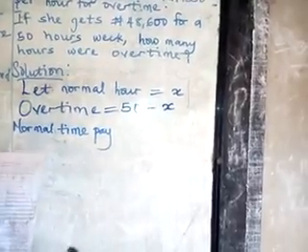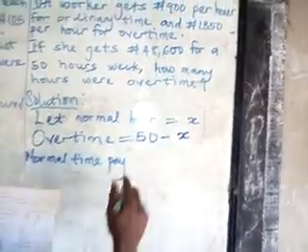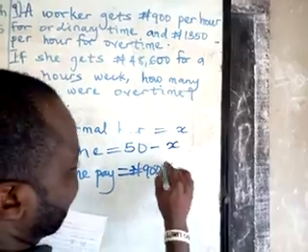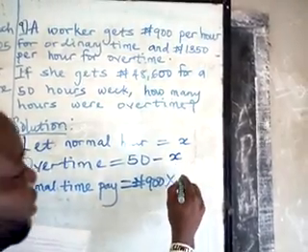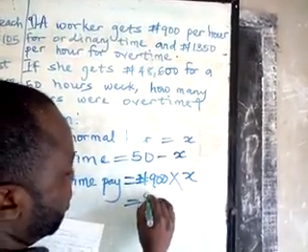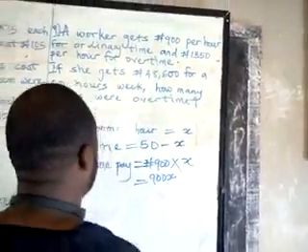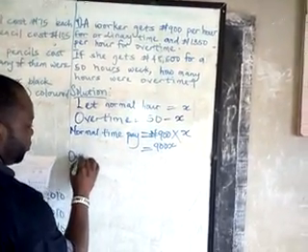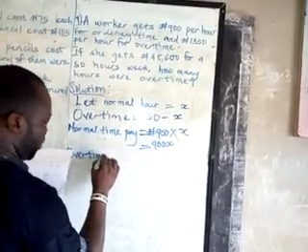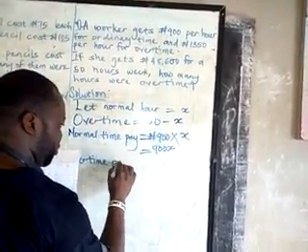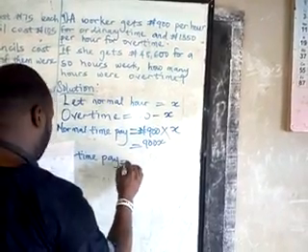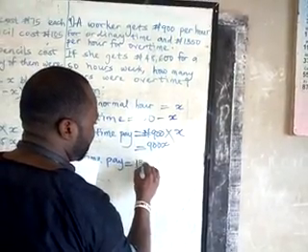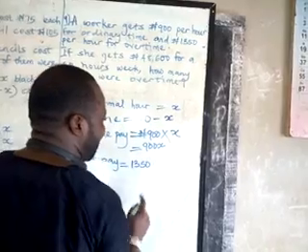Then normal time pay. Normal time pay is what? 900 times the hour, which is x, which is same thing as what? 900x. Then overtime pay is 1,350 times the hour.